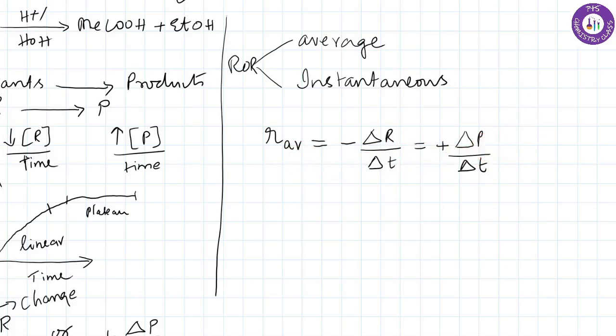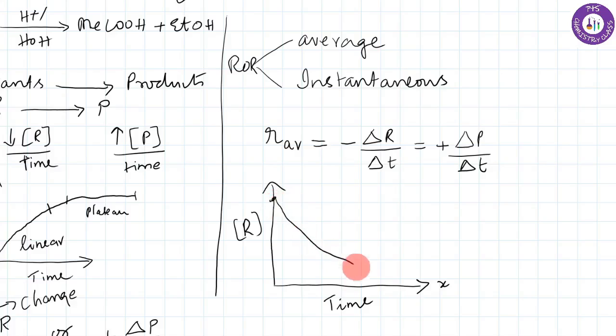If you want to represent the average rate of a reaction in a graph, take time in minutes and the concentration of reactant or product. If we take the concentration of the reactant, the initial concentration is high and it will come down, so you get a curve like this.